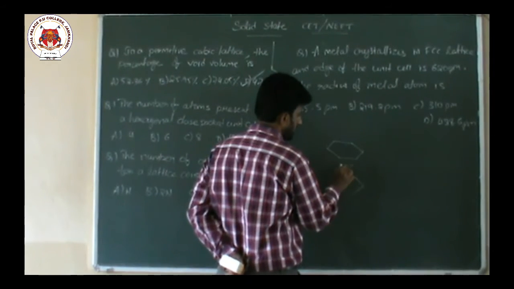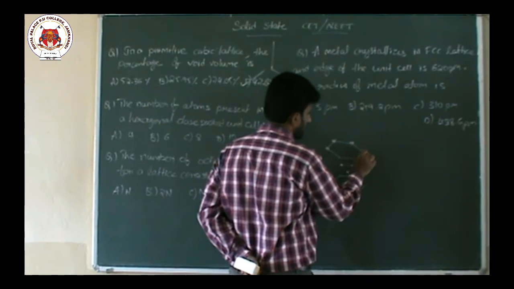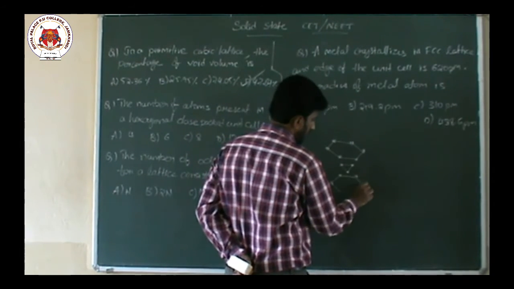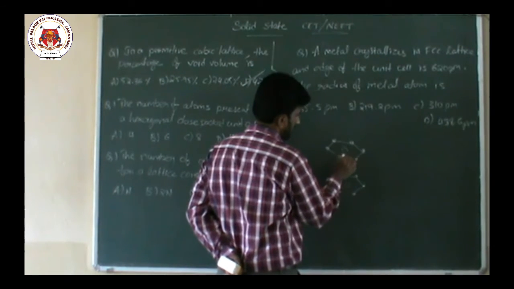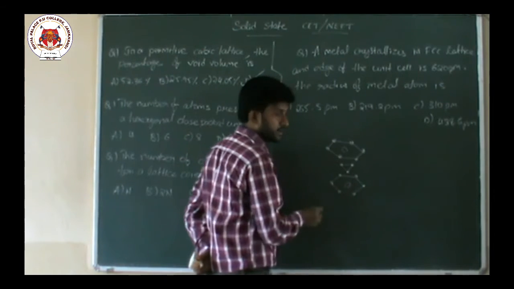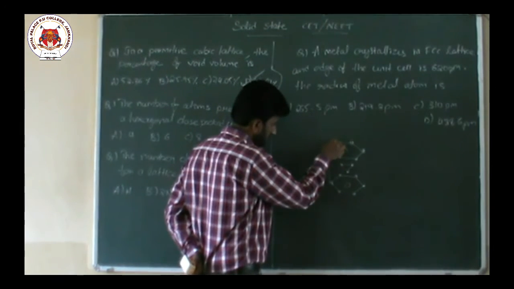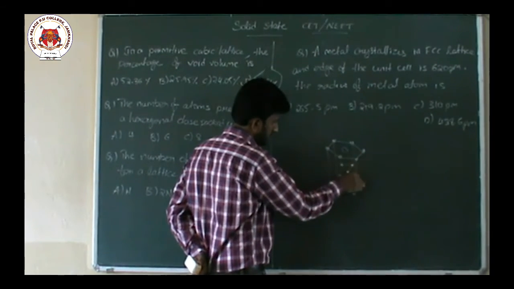I said these are 3 atoms in the body center, 6 atoms occupying the corners of each hexagon, and 2 more atoms exactly at the center of the 2 hexagon faces. So we have represented the diagram like this, roughly drawing it.